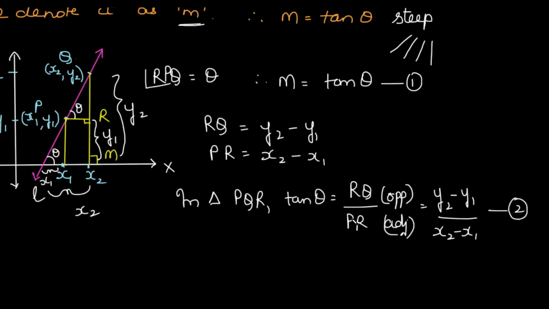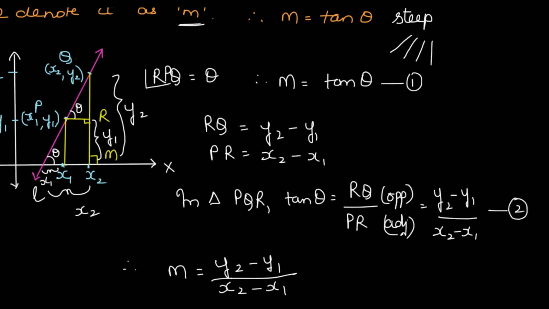Compare 1 and 2. In 1, tan theta is m. In 2, tan theta is y2 minus y1 upon x2 minus x1. Therefore, we get the second formula for measuring the slope: m, the slope, is equal to y2 minus y1 upon x2 minus x1.